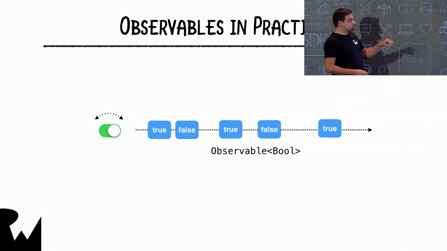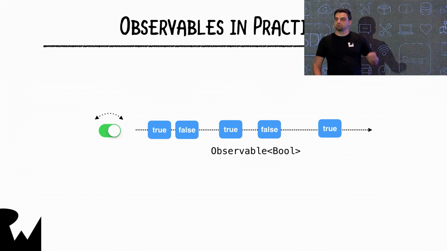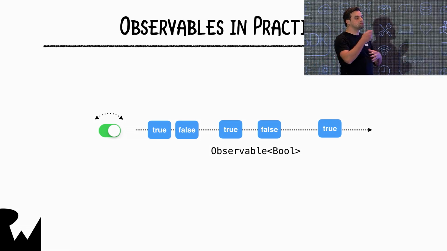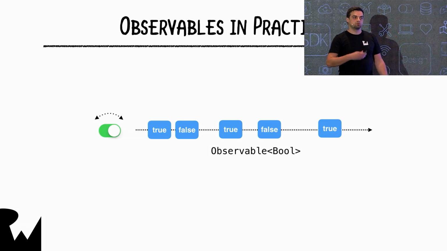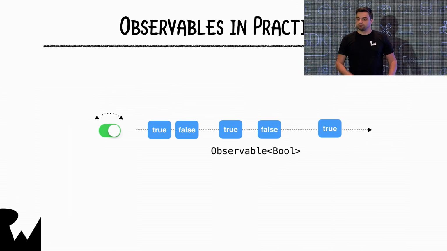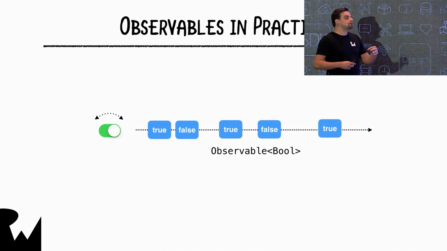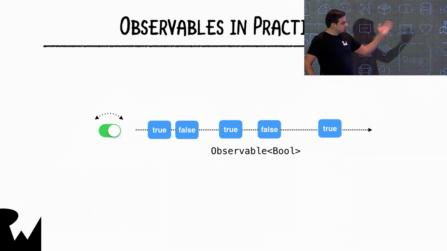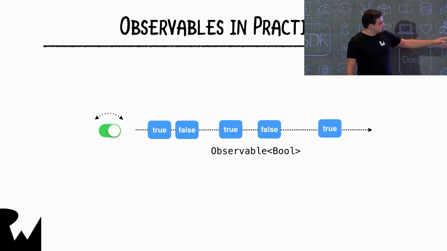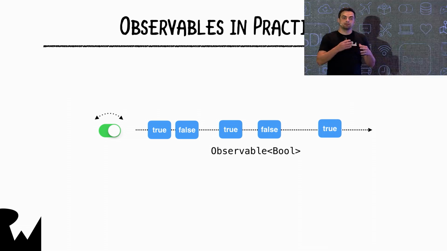As the user toggles it, there are two discrete values, which are false and true. So if you're observing changes of the state of that UI switch, you will be receiving the true, false values, and so forth as this happens. So you can react by doing something in the UI or in your code. This is an example of an observable sequence, and in this case, it's an observable of Bool. So the data that is being emitted over time is a Boolean.